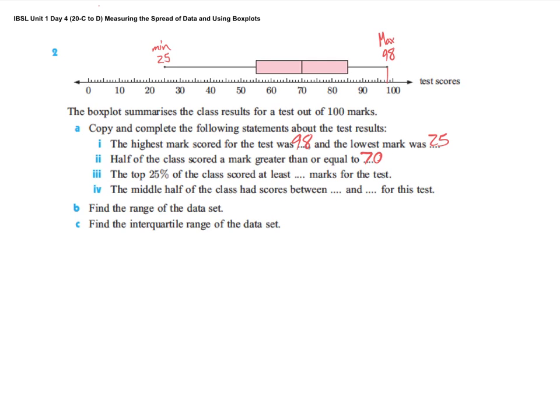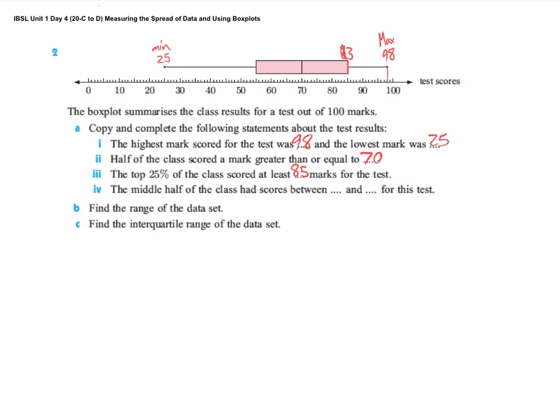The top 25% of the class scored at least how many marks? 85. 85, okay? Notice here, here's our Q3. Q3 at 85. It's greater than 75%, which means how much is better than that? 25%, okay?